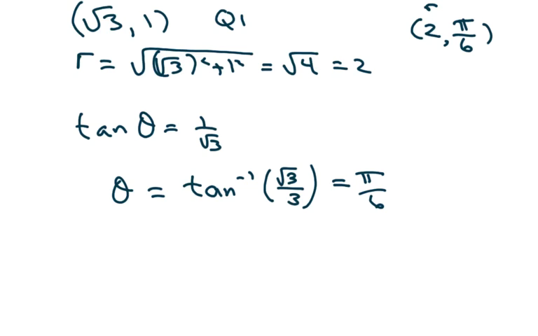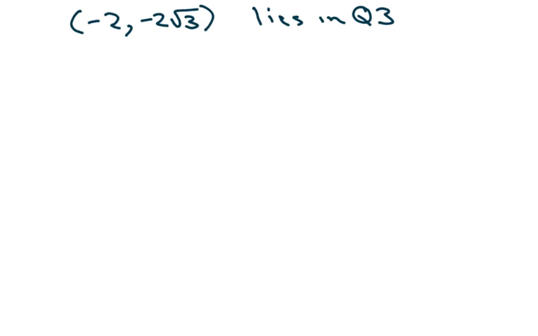All right. Let's do one more, because this one's a little harder. We're going to do this point: negative 2, comma, negative 2 square root of 3. So we already know this lies in quadrant 3. So it's negative 2, somewhere in here. It's quadrant 3.